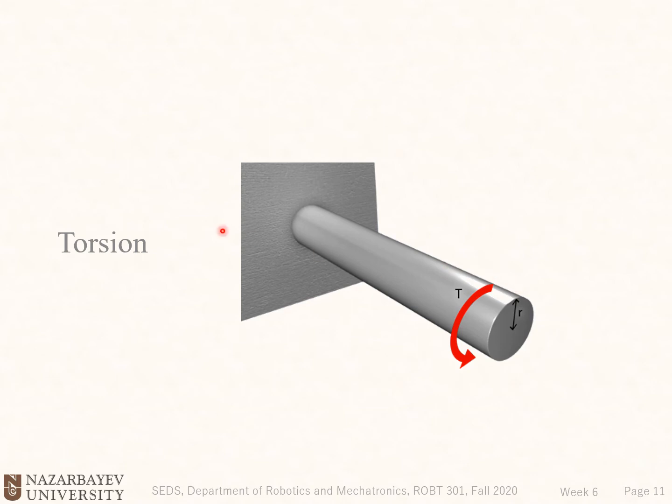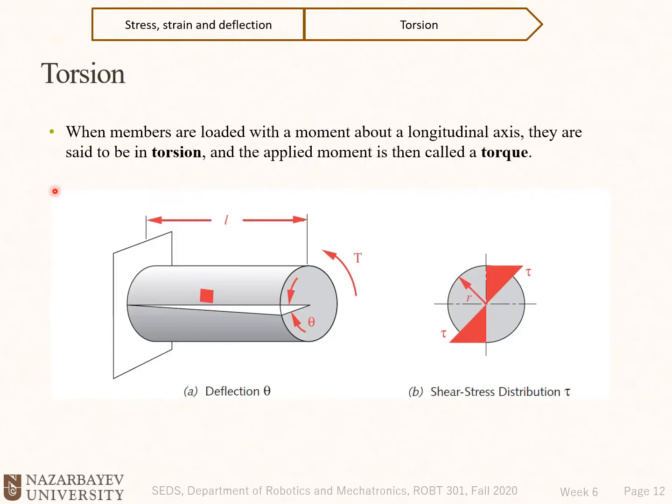So you see here we have a beam, a cantilever beam, with the circular cross section, and we applied torque. When members are loaded with a moment about the longitudinal axis, they are said to be in torsion, and the applied moment is then called a torque.